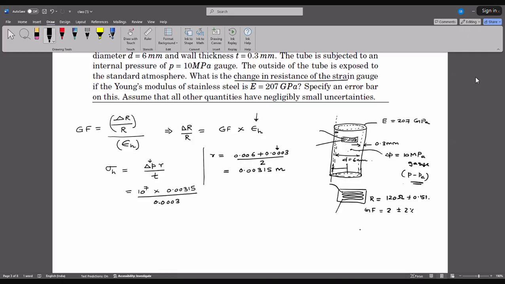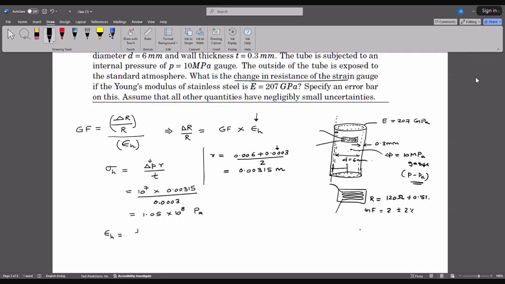Everything is in SI units. If you do the calculation, the hoop stress is going to come as 1.05 into 10 to the power 8 pascal. So knowing the hoop stress, you can find out hoop strain because they are related through Young's modulus. So the hoop strain is going to be.